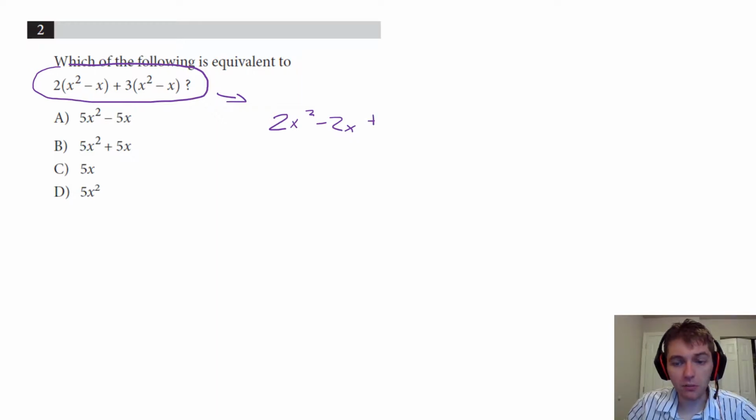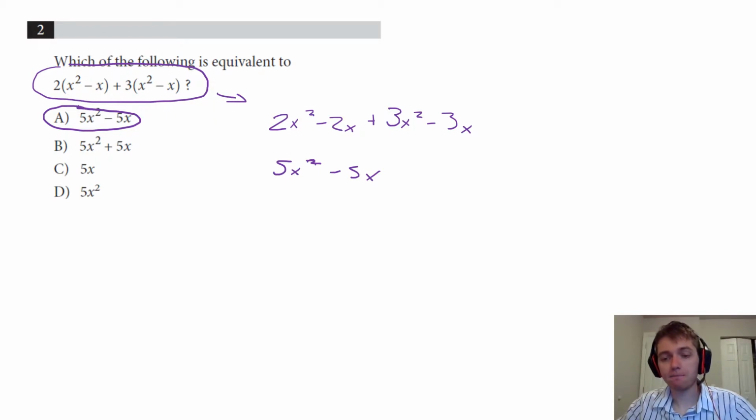Then multiply 3 through that second set of parentheses, you'll have 3x squared minus 3x. Take your x squared terms and sum them, so you have 2 plus 3 is equal to 5x squared. Take your x terms and add them together, so you have -2 minus 3, which is minus 5x. See if this is available as a solution, and it is as answer A.